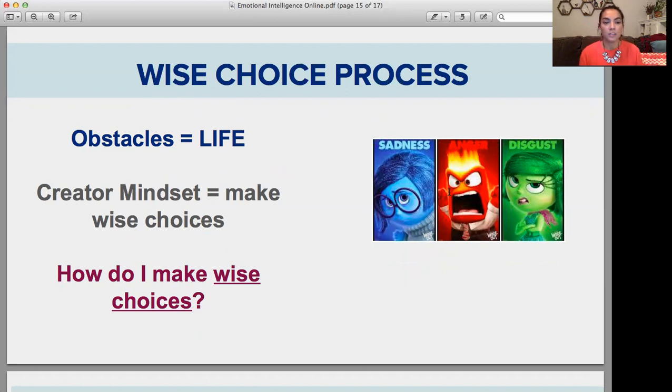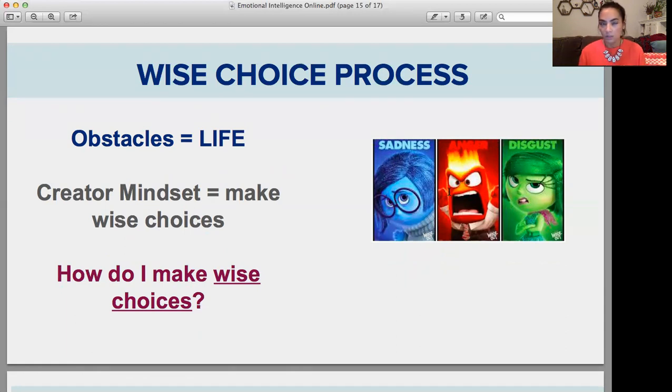But creator mindsets, people with the creator language and the growth mindset, they look at these obstacles and they really want to meet these obstacles or these challenges with wisdom, with insight, with just enough energy, not too much.